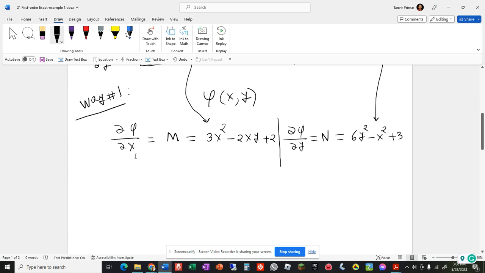So for example, let's look at the first one. If I have the partial of phi with respect to x, how do I go back to the function phi? Well, you have to take the integral of both sides with respect to x.